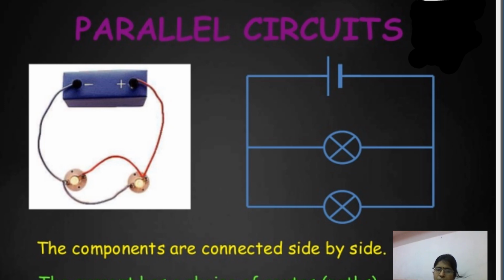So this is a parallel circuit. In a parallel circuit, the current has a choice of routes, many paths to flow. If one bulb blows, there is still a complete path for the other bulb, so it stays lit, which means it glows.